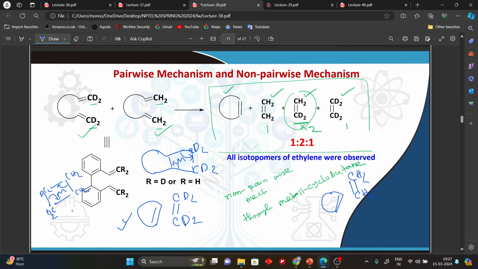It can be said that if it goes via this kind of mechanism, formation of this unit should not be possible, because they are ultimately converted to this one. So we are going to see formation of this, as it goes via this pairwise mechanism. So that's how it is initially confirmed.